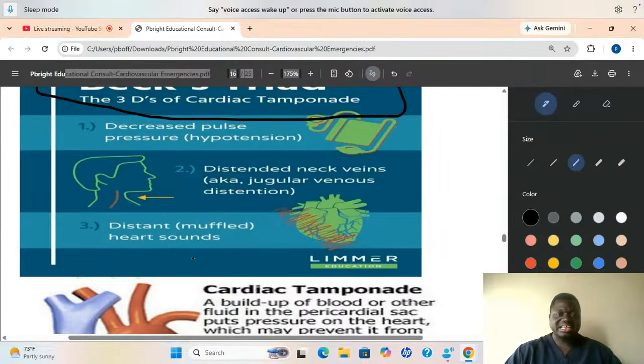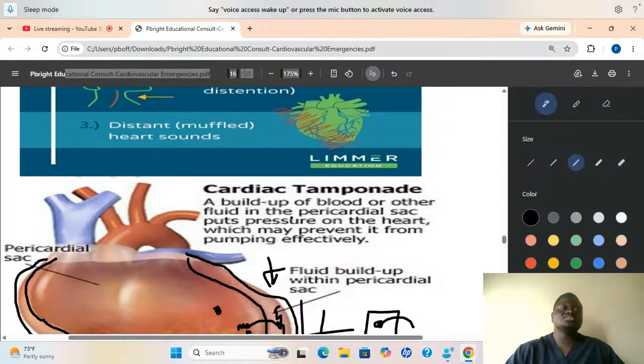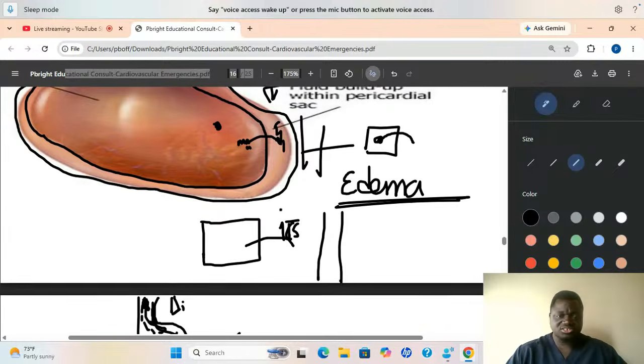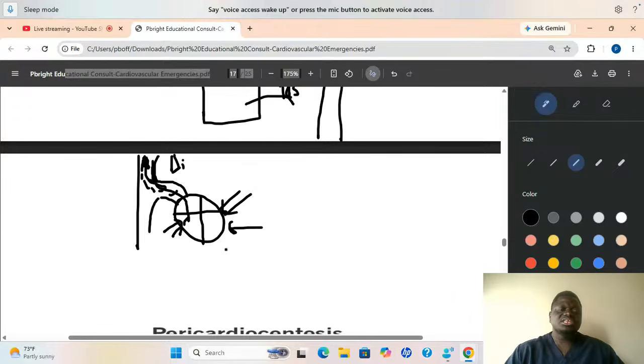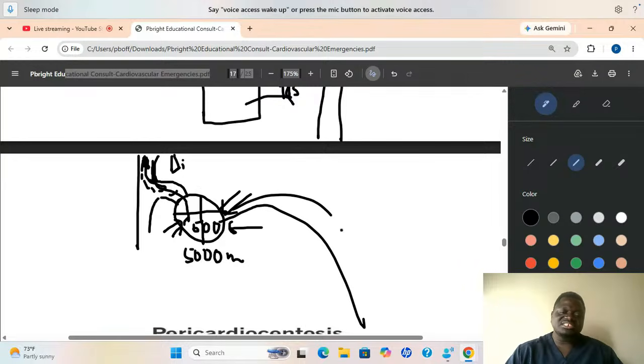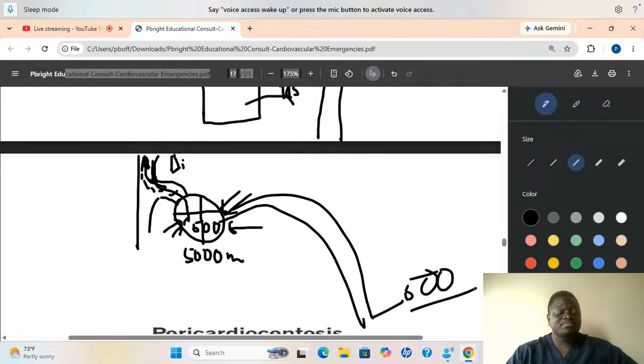Next one, the pulses. Decreased pulses. If the heart is supposed to receive 5,000 mL and it only received 500 mL, the blood vessels sitting in your hand or your legs are waiting for 5,000 mL, but only 500 came.